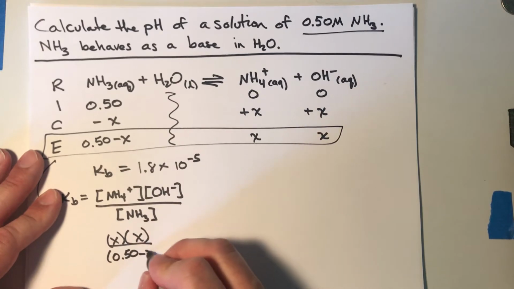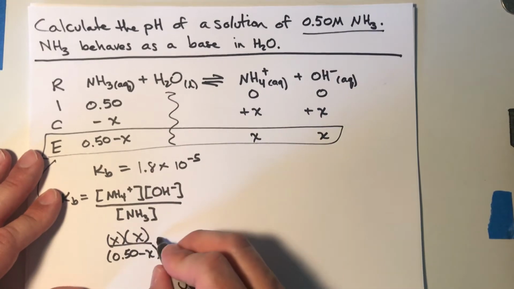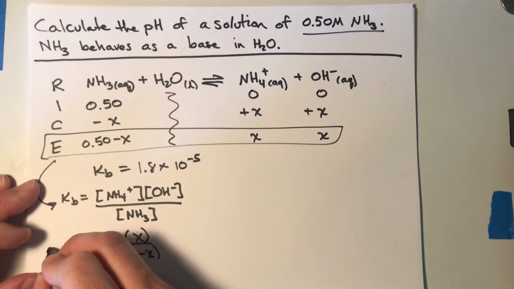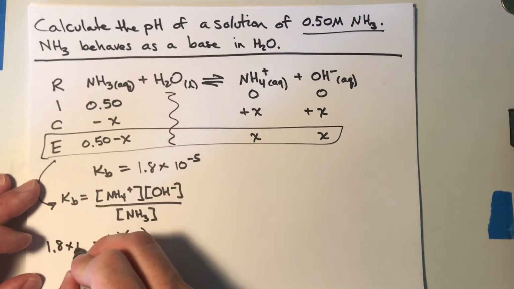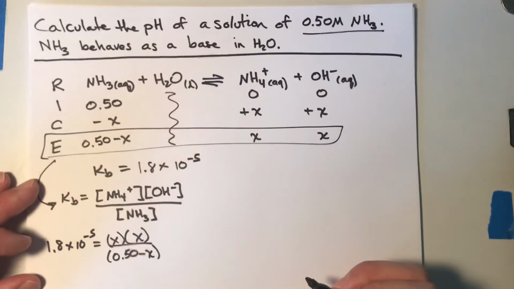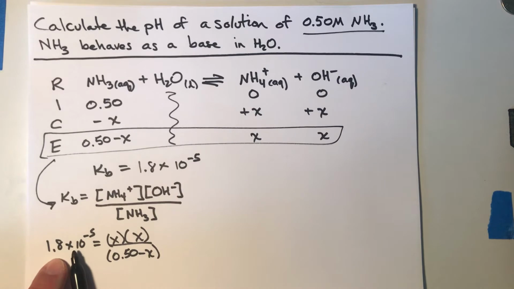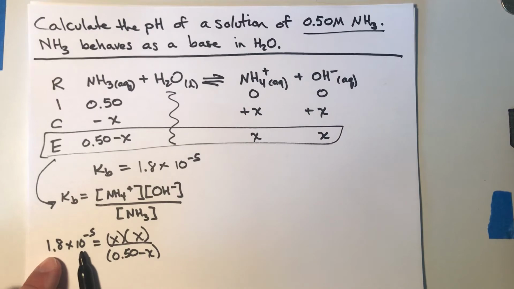After many years of doing this, you'd think I'd get those straight at some point. And that's all going to be equal to our Kb value, which is the 1.8 times 10 to the minus 5. Now, this x is going to be small because we have such a small Kb value. Remember, we can make a small x approximation anytime this is below about 10 to the minus 3, 10 to the minus 4. So this is a pretty small number.